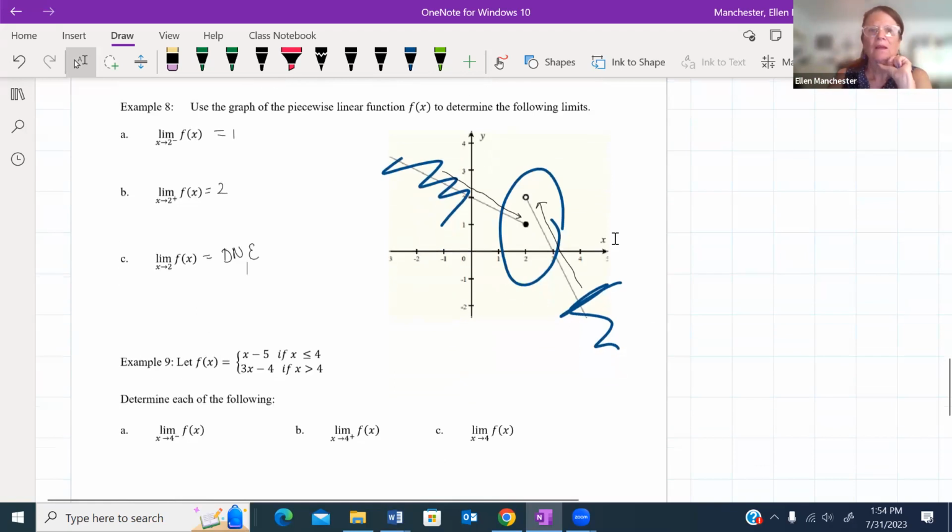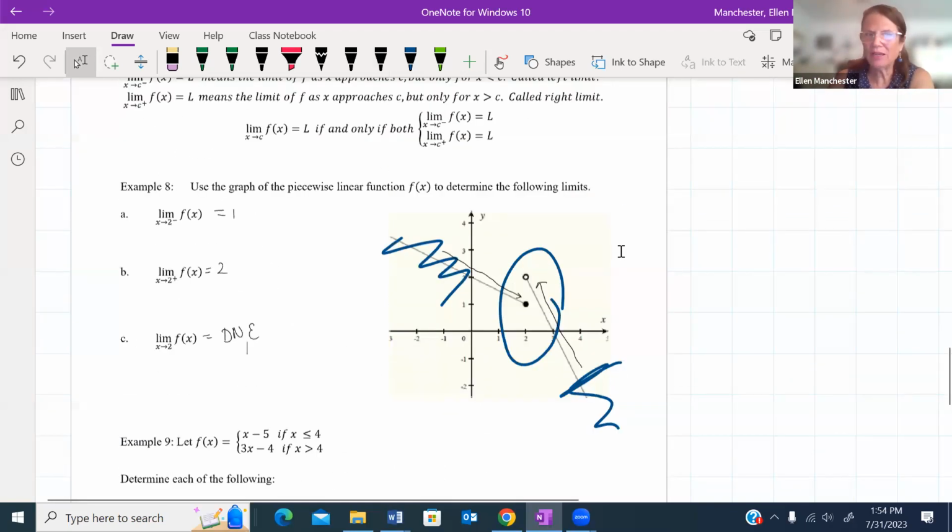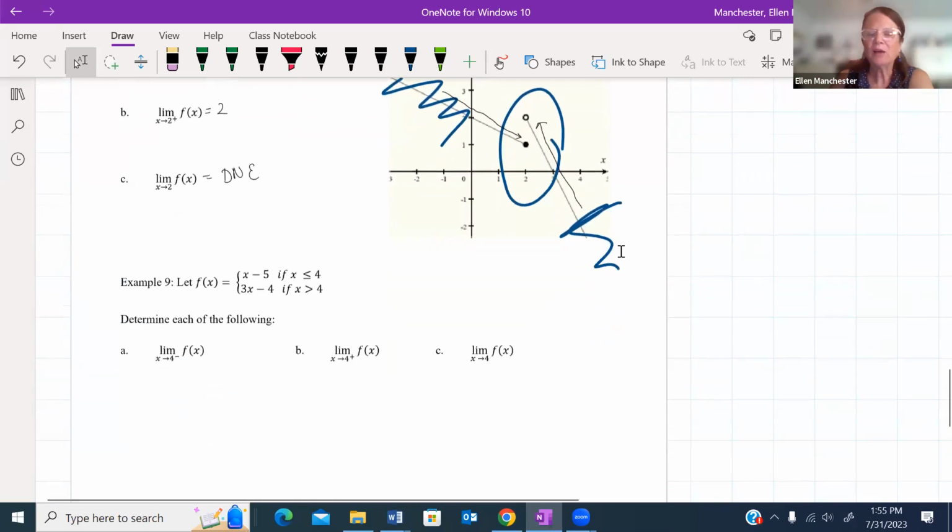Okay, so this is graphically, right? Example 8 is graphically being able to find right-handed and left-handed limits. Now we're going to look at right and left-handed limits algebraically.